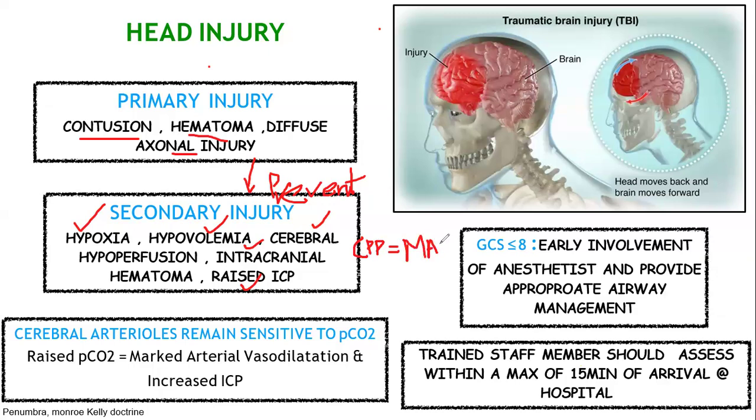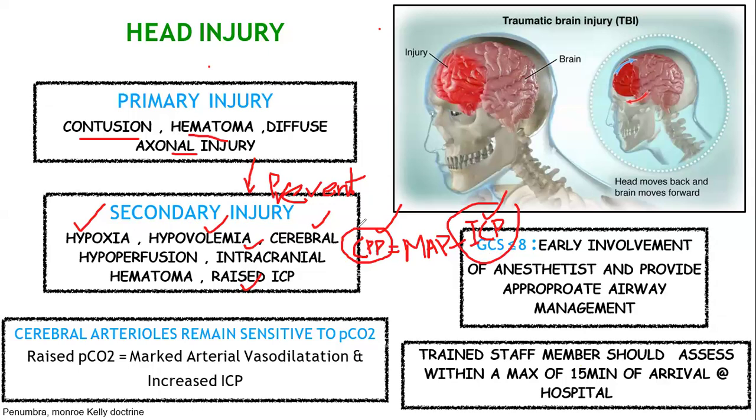We have a formula for cerebral perfusion pressure: mean arterial pressure minus ICP. If ICP is raised, cerebral perfusion pressure would get compromised, right? So we have to manage ICP to maintain the CPP.